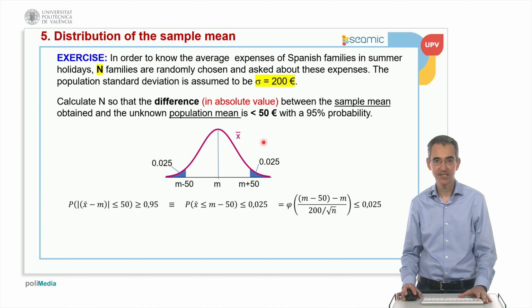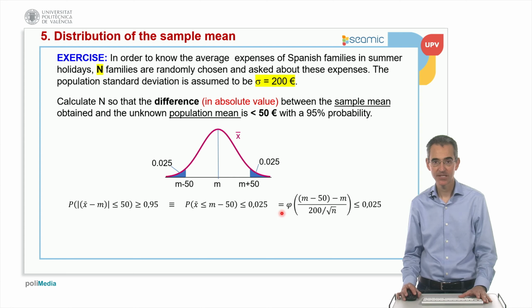Well, now the issue is this: the probability that the sample mean minus the population mean has to be less than 50 in absolute value, with a probability higher than 95%. It's the same as saying that the probability of the sample mean being less than m minus 50 has to be less or equal than 0.025.